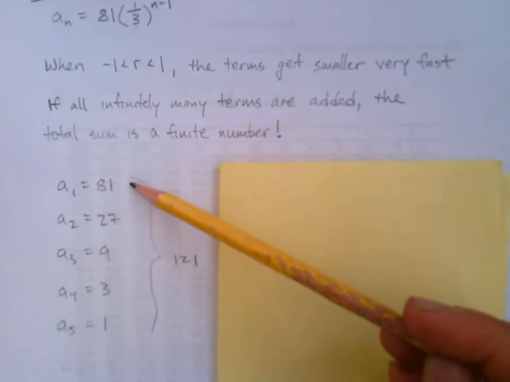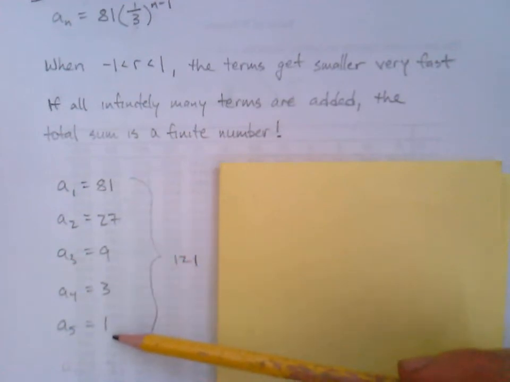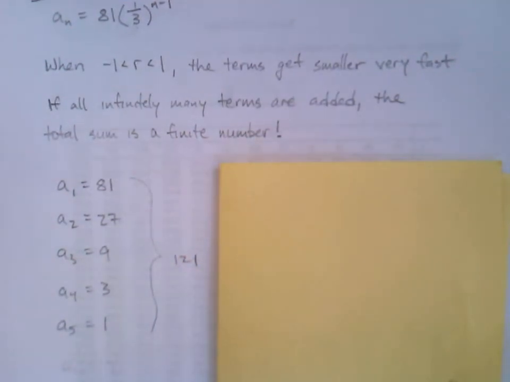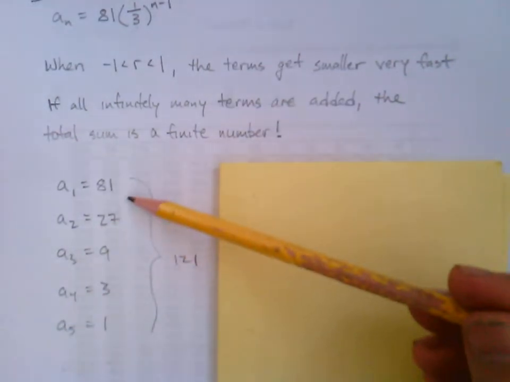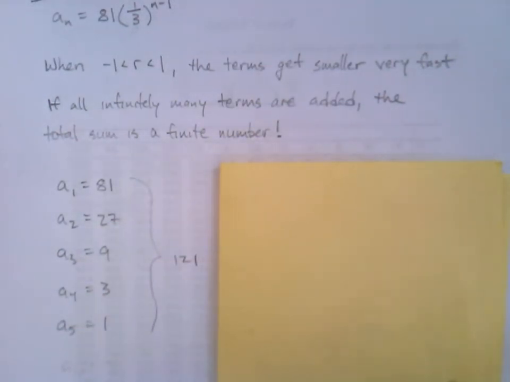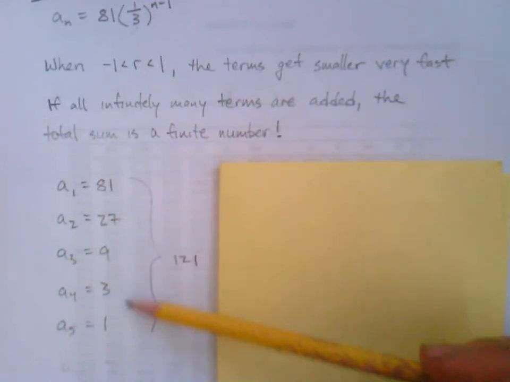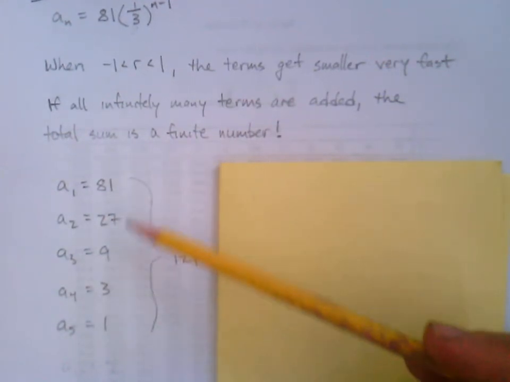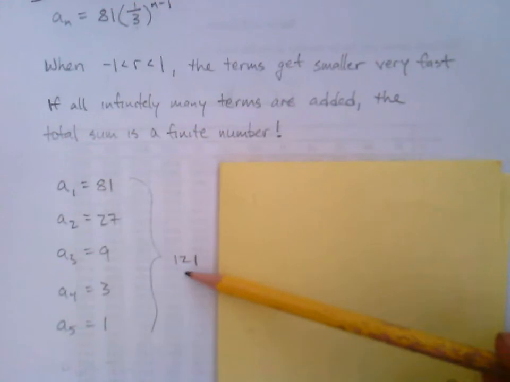If you add these 5 terms together, you get 121. You can easily check that if you want. You get 121 when you add the first 5. You think, okay, wow, it's adding up pretty quick. What would happen if you found more terms and kept adding them?